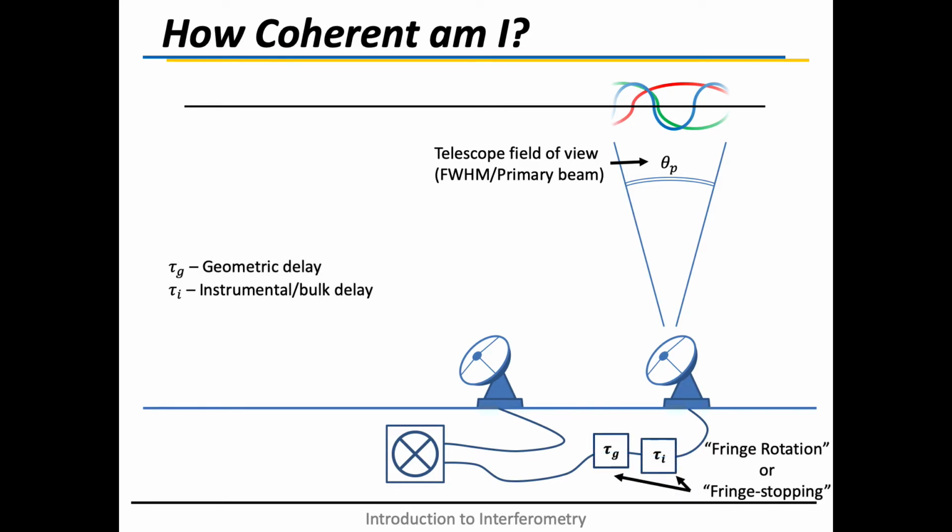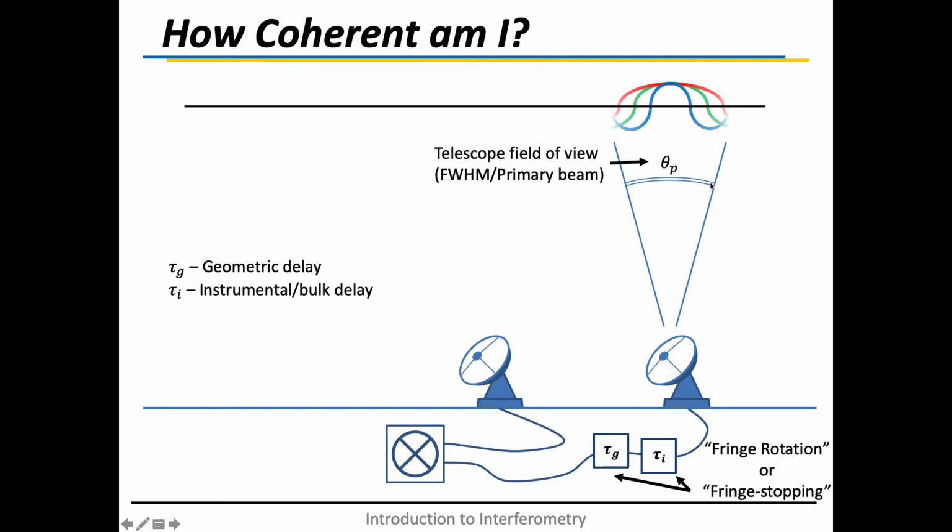So we use that to our advantage and put into the system something that can compensate for this delay, basically adding an extra delay component to compensate for the geometric delay towards a particular direction of the sky. So rather than seeing this incoherent mess, we see all the fringe patterns line up.